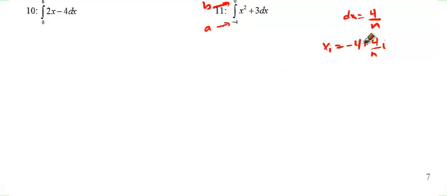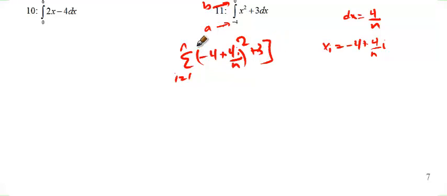Now what we have to do is f of x sub i, which means we have to plug this in for that. We're doing the sum from i equals 1 to infinity, or to n, for now. It'll be eventually infinity. And we've got to plug this into our f. So negative 4 plus 4i over n, squared, plus 3, all of that times the width, the dx, 4 over n.